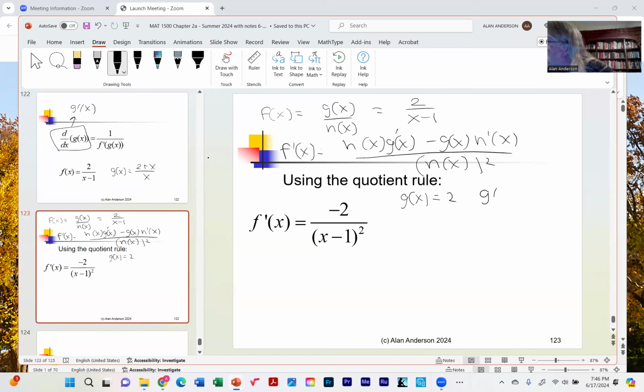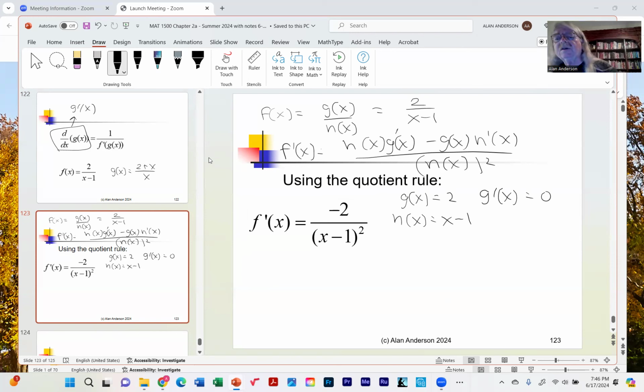And you'll recall that the derivative of a constant is always 0. Based on the power rule, we can prove that because g of x is a constant, its derivative is just 0. Now here, when we take the derivative of x minus 1, we're basically applying the power rule to both terms.